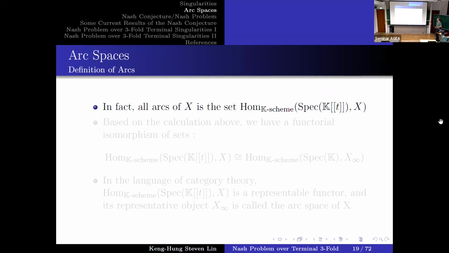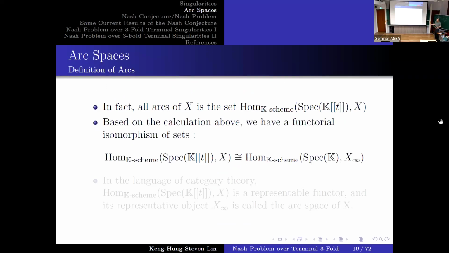So this is the capital Hom from Spec K[[t]] to X. From the previous calculation, we can potentially modify this. Notice that this is a representable functor, so we can write this in the form of Hom from Spec K, to this object.